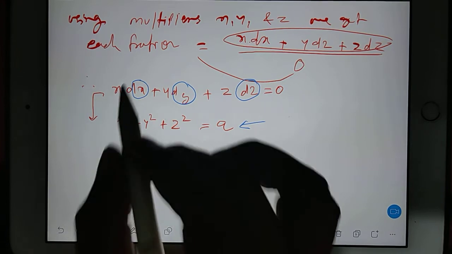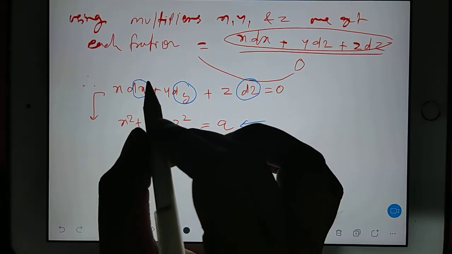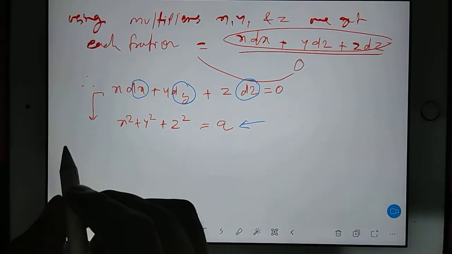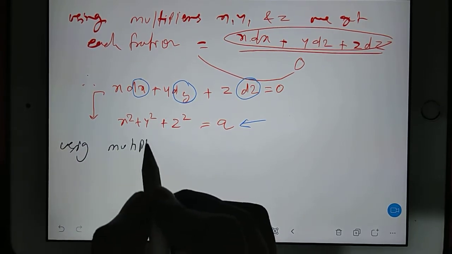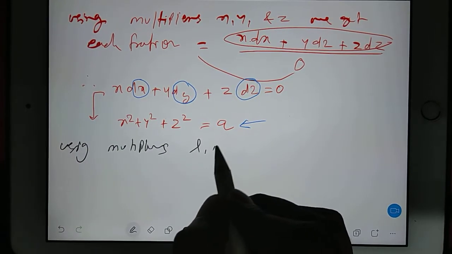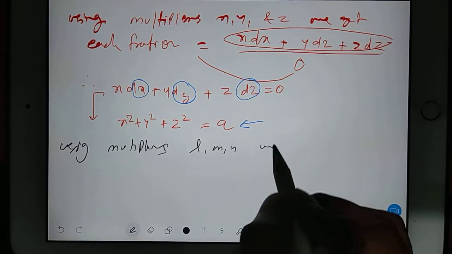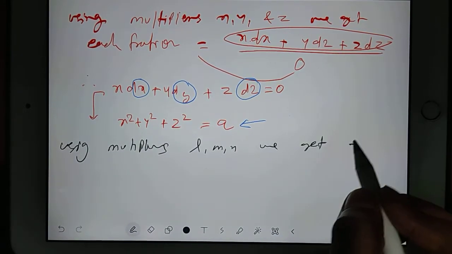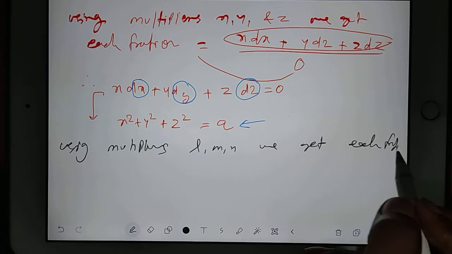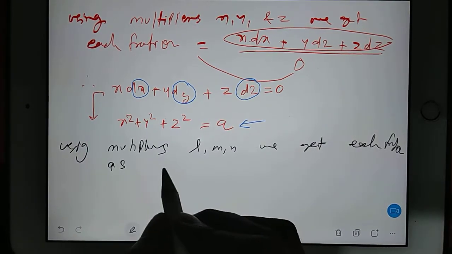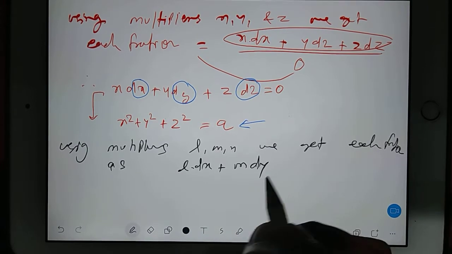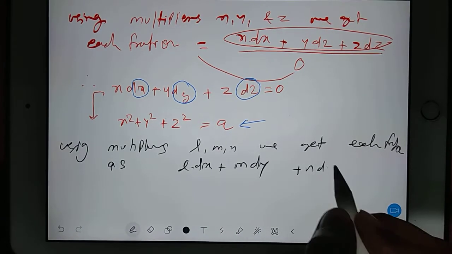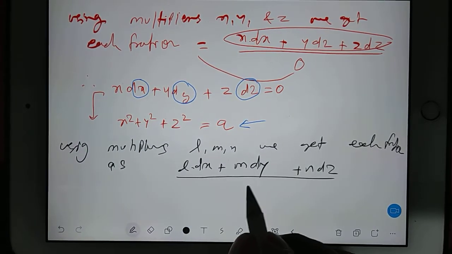Now again we have to use multipliers l, m, n. Using multipliers l, m, n, we get each fraction as l dx plus m dy plus n dz divided by 0.